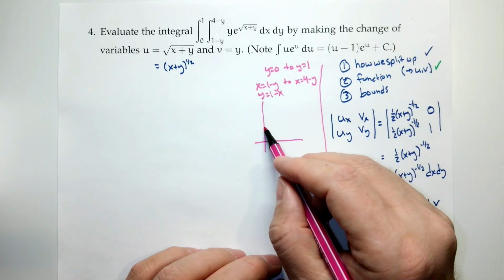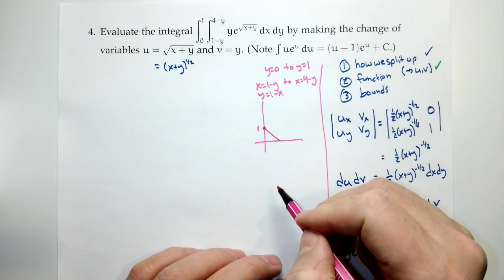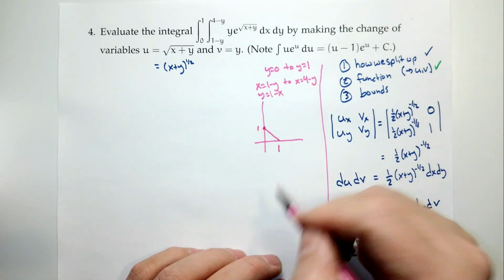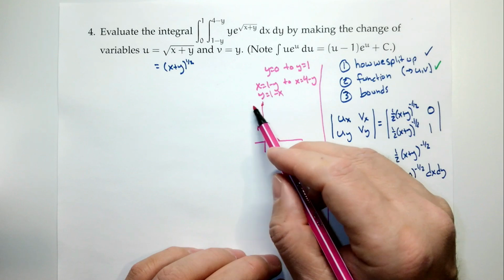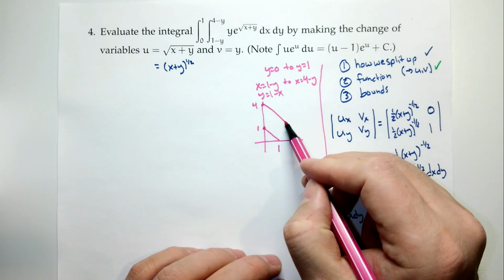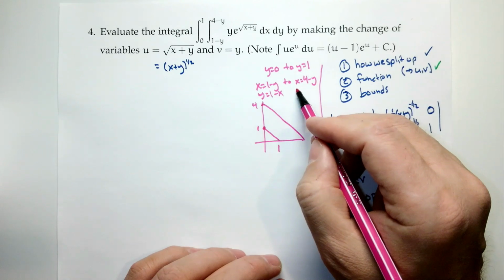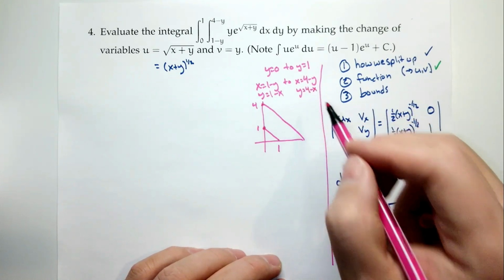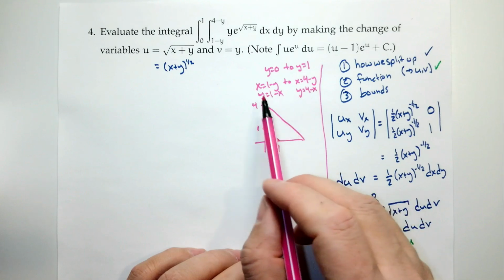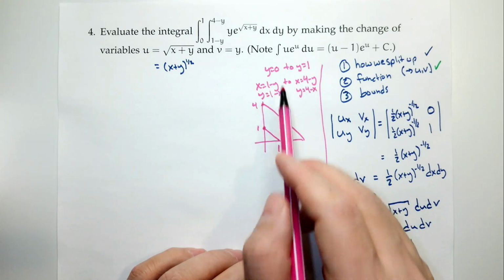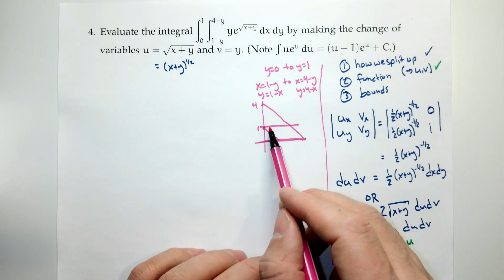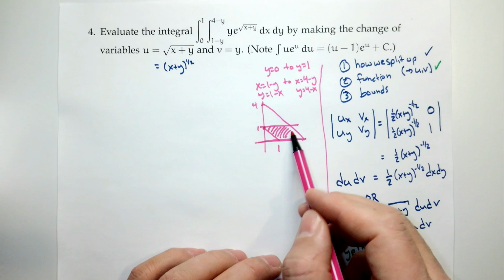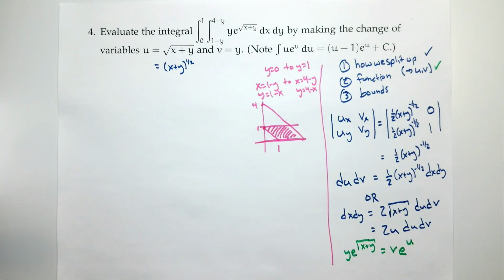So you come over here to 1, and you have a slope of minus 1. So it looks something like that. So there's a 1. And then this 4 minus y, it's like you came up here to 4, and again, you have a slope, because it's the same process, y equals 4 minus x. Those are our curves, x as a function of y, and then we're also told y equals 0, which is here, to y equals 1, which is there. So we have our region, that region.